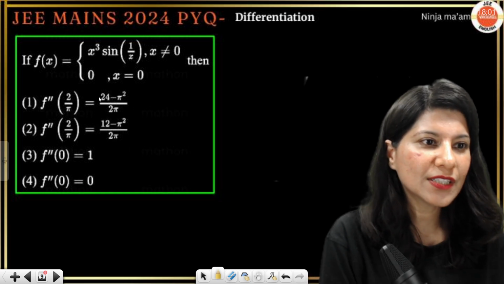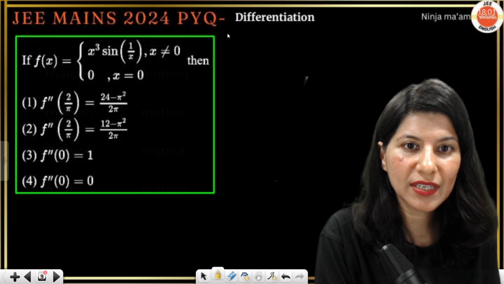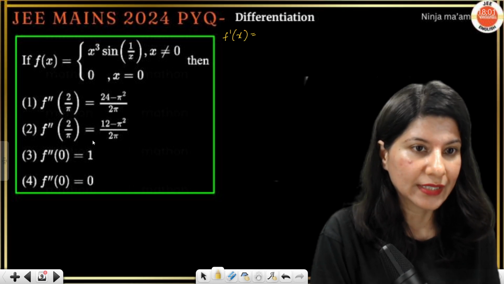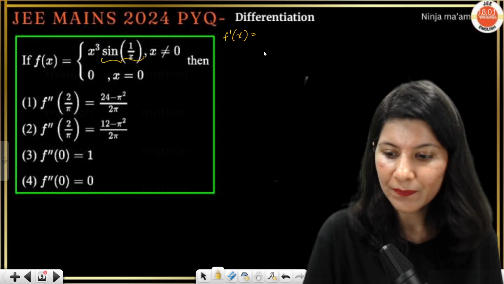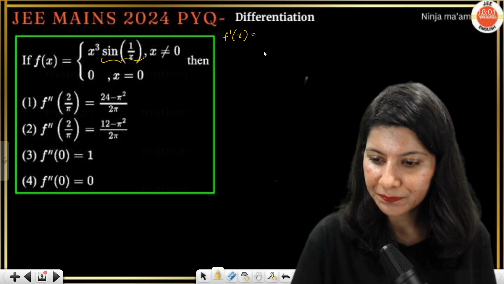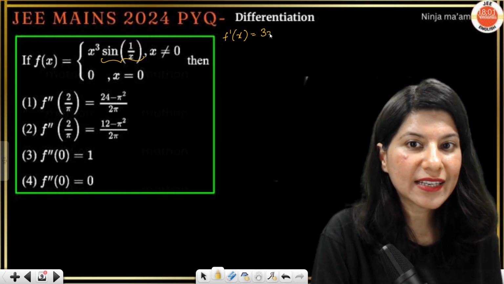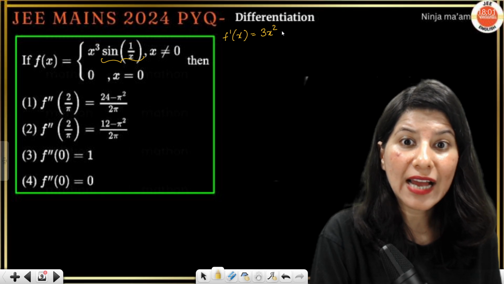So this question again, double derivative they are asking. So one by one, we just need to differentiate. F dash x, tell me, when x is not 0, obviously. So when x is not 0, then we need to talk about f dash x. So this is 3x square and sine 1 by x.